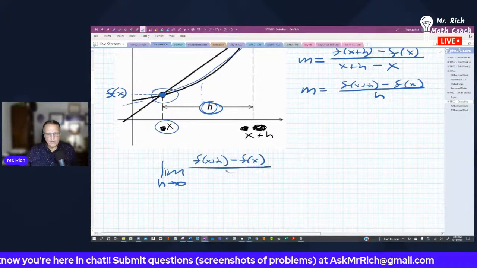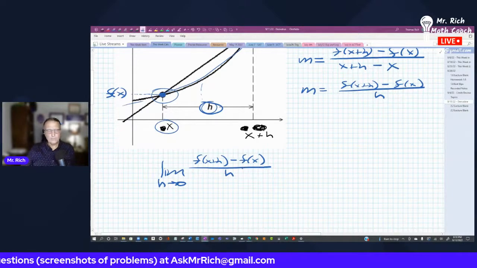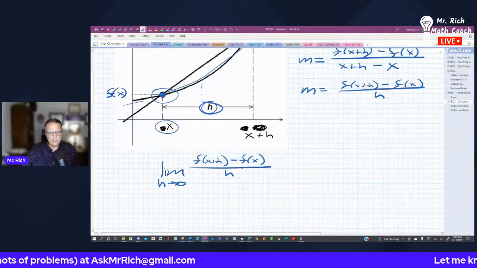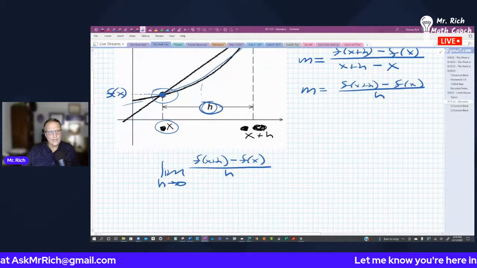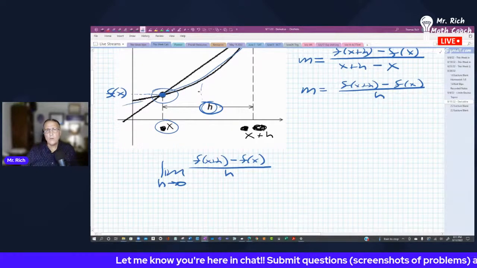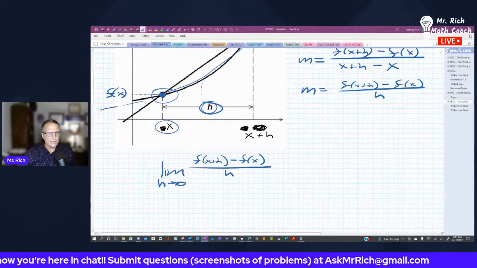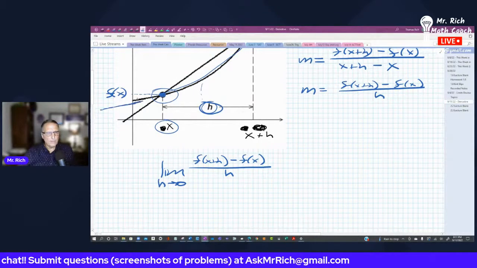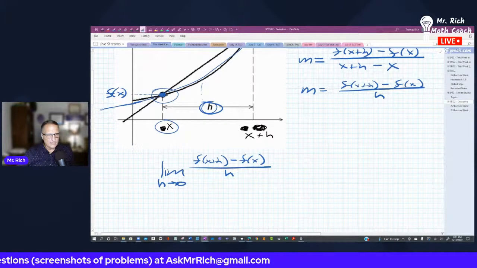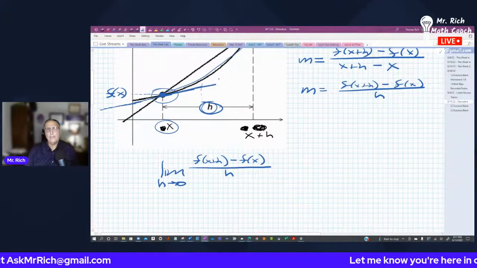I'm going to write it like this, okay? And so that is the slope of the tangent line at x, okay? Because if h goes to 0, then those 2 points are on top of each other. That's no longer a secant line. By definition, that's what's called a tangent line, right? When you have a line that would nick a curve at one point.